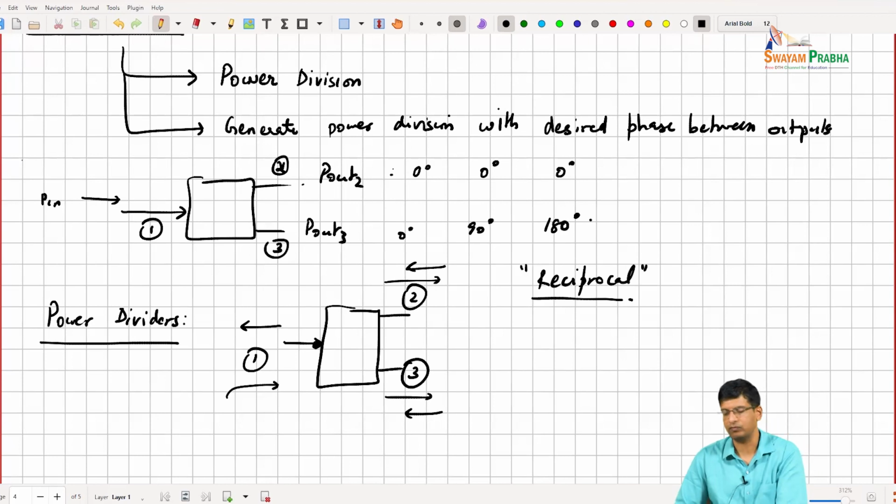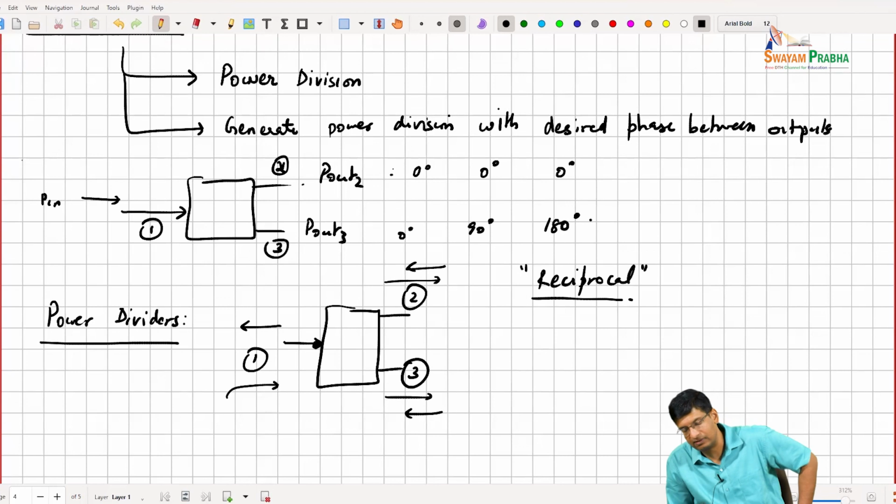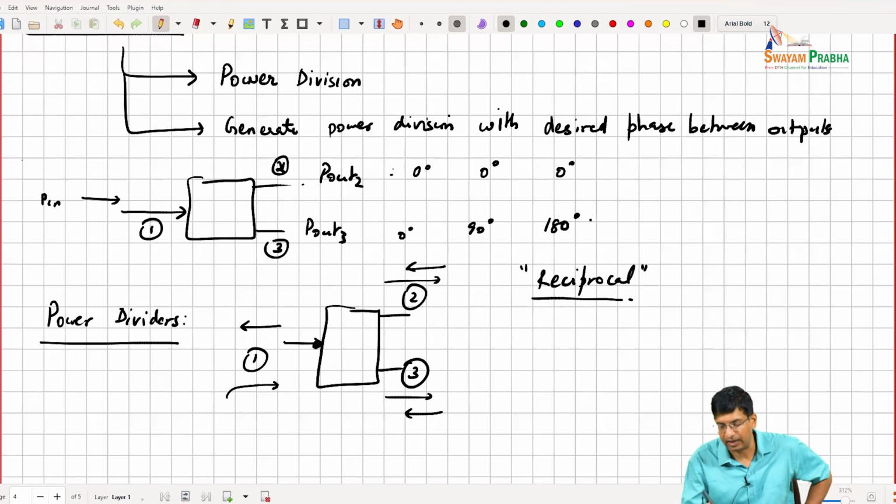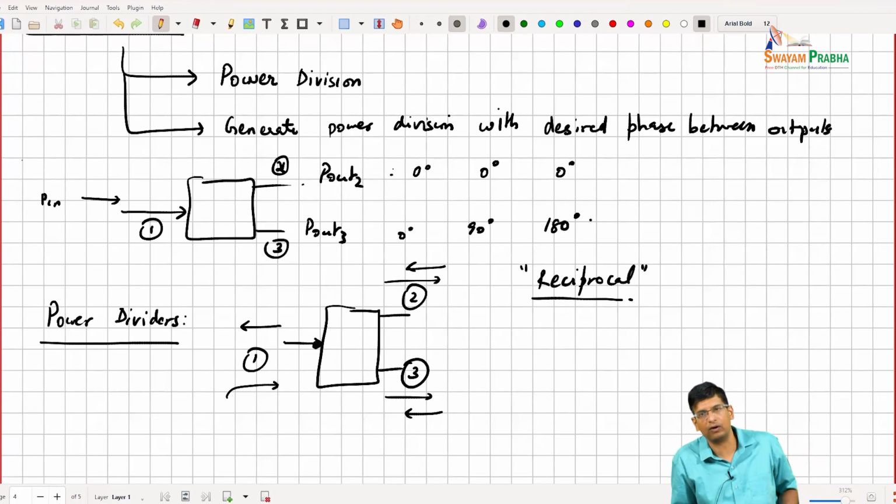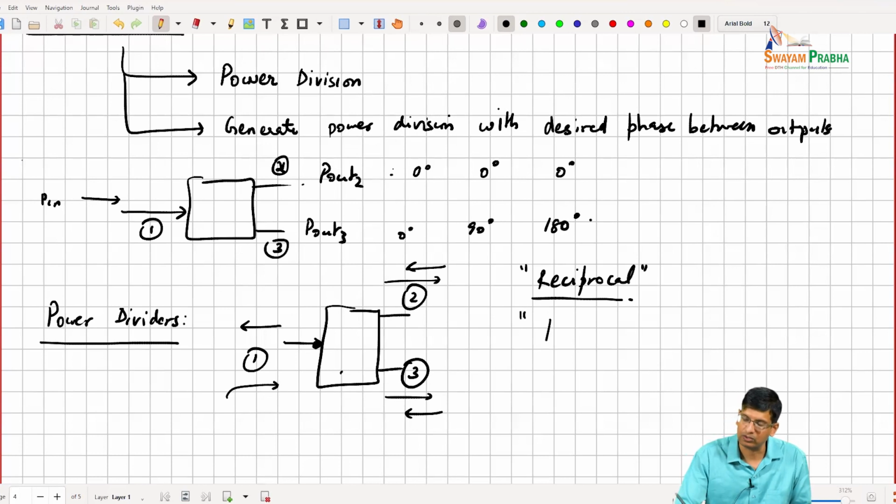So these circuits are reciprocal, right? And what we would like is a circuit where I apply an input, and none of the power gets dissipated inside my power divider itself, and all the power goes to port 2 or port 3. So you could call this lossless, right?